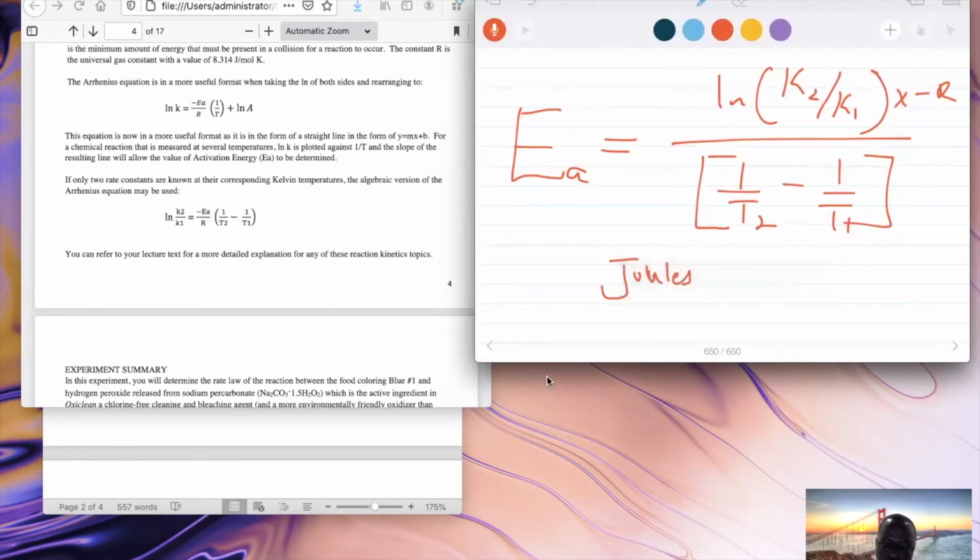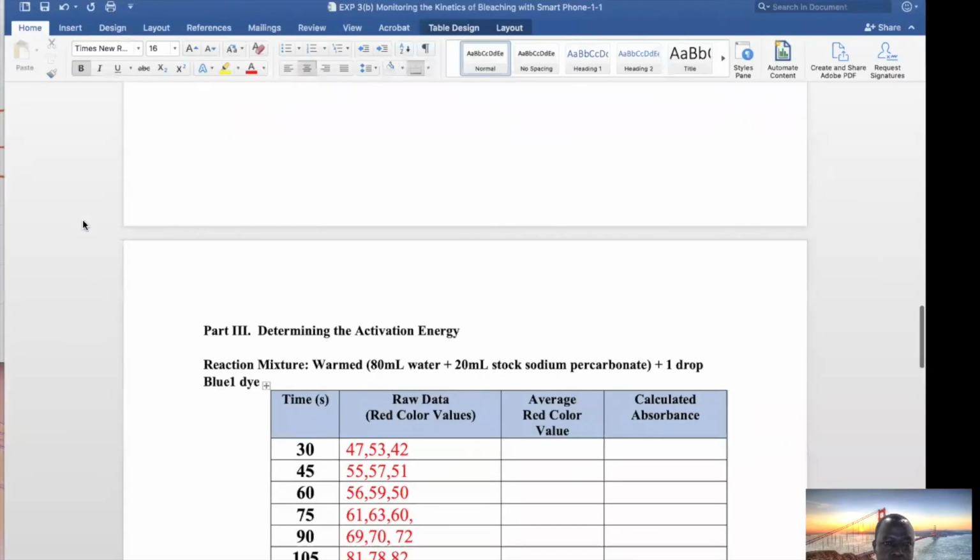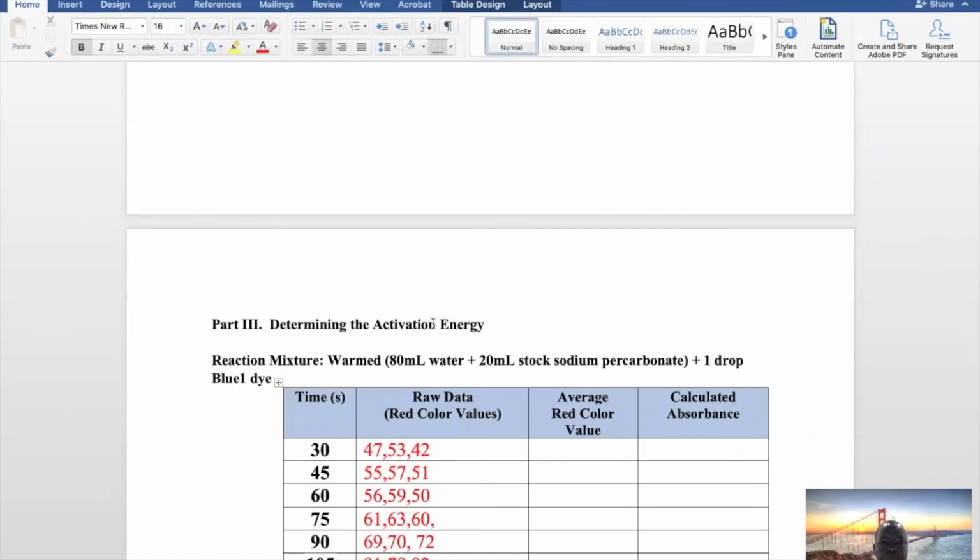Let's go back to the handout. In determination of the activation energy, I ran the experiment as in part 1. It was at room temperature, which is around 19 or 20, and then at an elevated temperature.